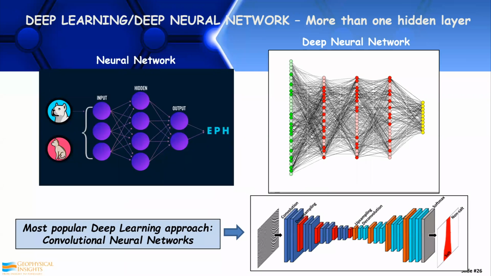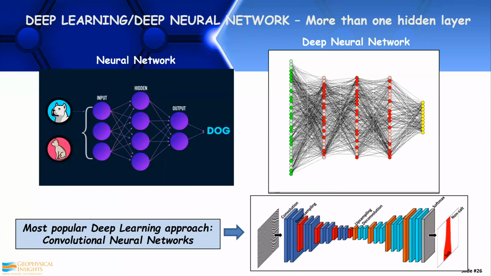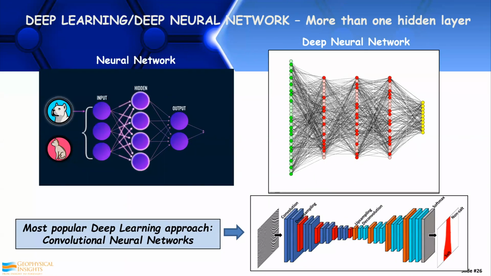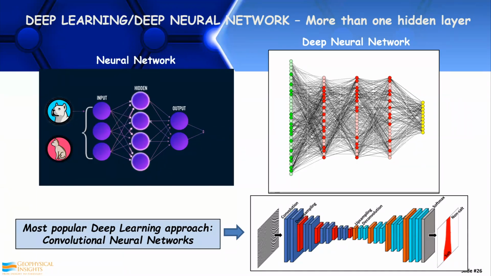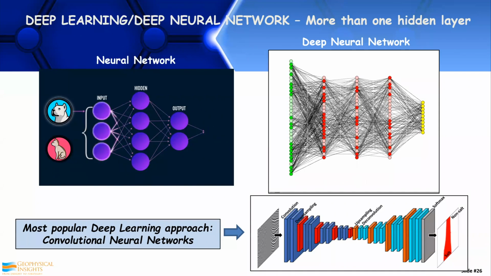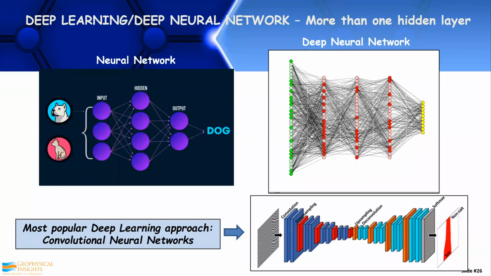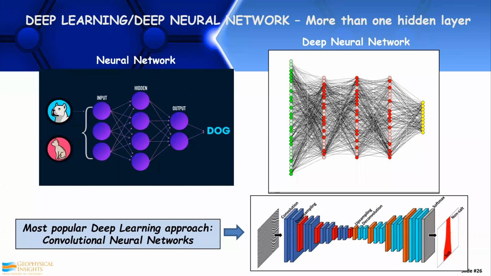Okay, so within supervised learning, we're going to talk about deep learning, which is really the most popular approach today in application to seismic interpretation. And in deep learning, the CNN, convolutional neural network, is a class of deep neural networks that's applied to analyzing visual imagery.